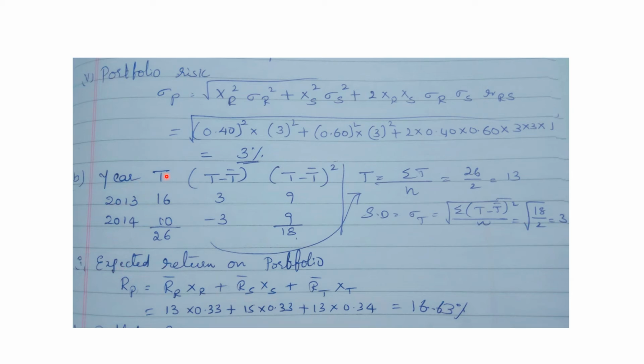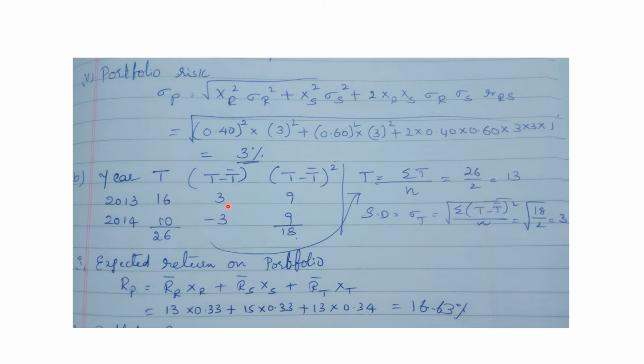So here, same way, you have to take the 2 years, then for stock T, whatever values are given, take those, then T minus T bar and T minus T bar the whole square. As we have done previously, the same way you have to find out.